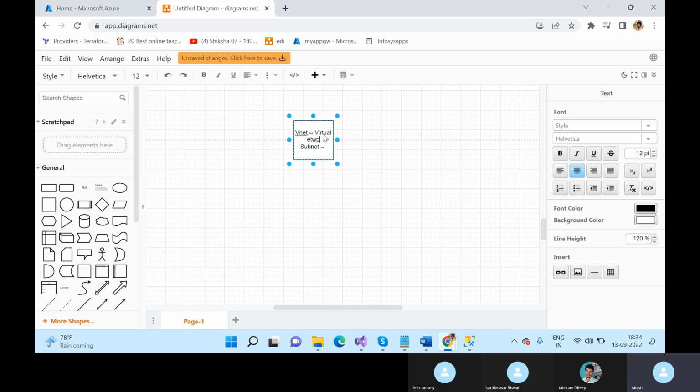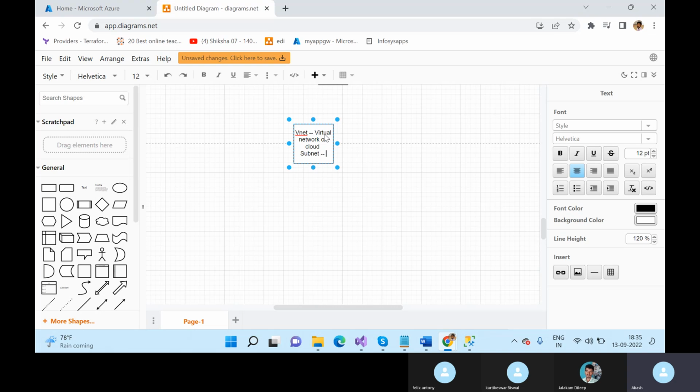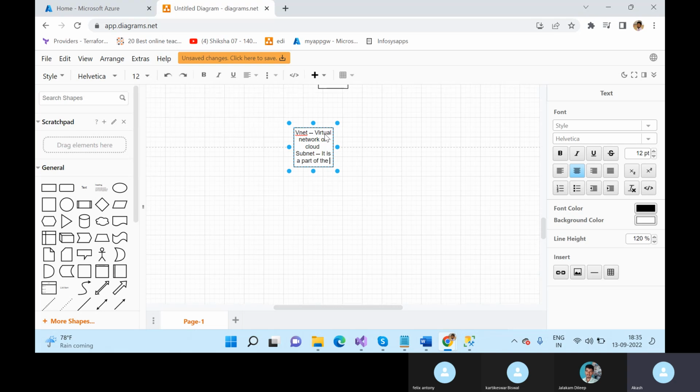I want you guys to concentrate and focus because this is going to be a very tricky topic, and I want you to stop me wherever you don't understand. Make sure you ask a lot of questions. Your virtual network on cloud is your VNet, and your subnet is a part of the VNet.